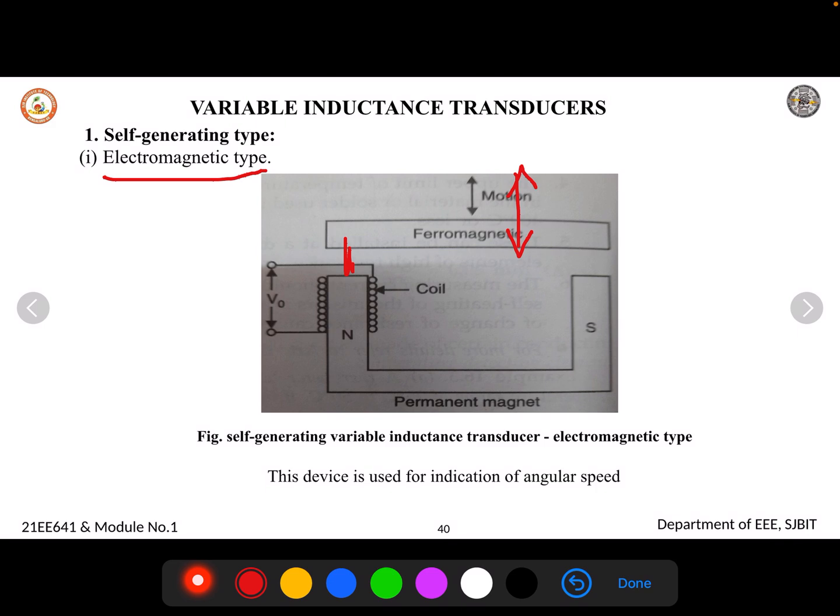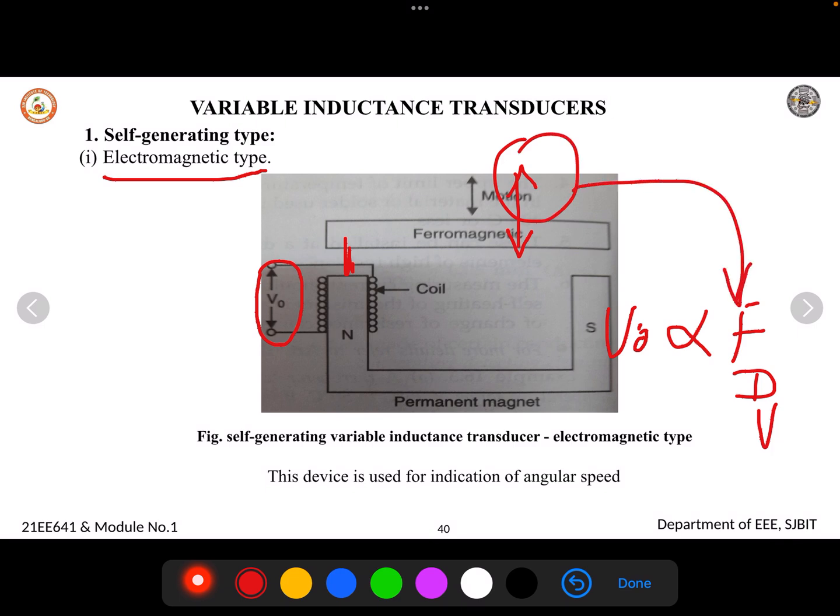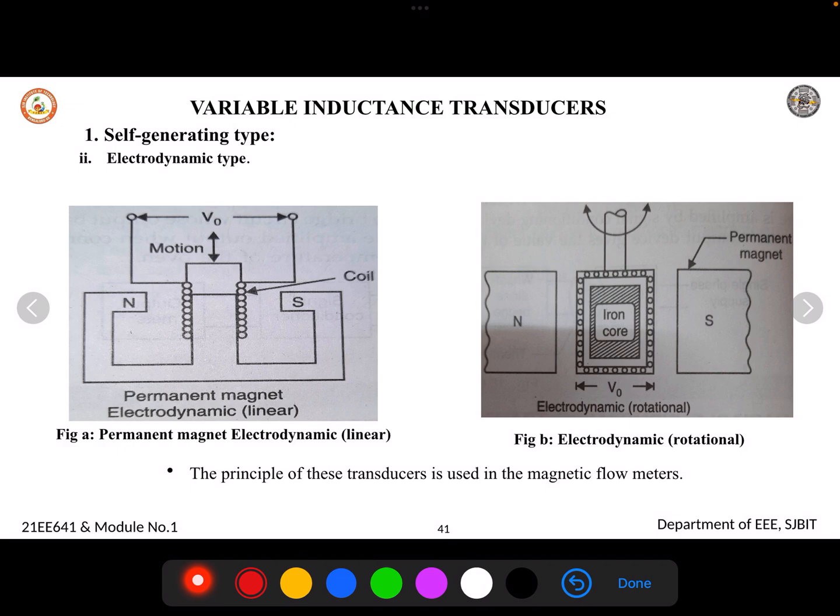Hence the output voltage V0 will be proportional to the mechanical input, which will be force or displacement or velocity, whatever input is given here. This is how the EMF will be generated and the output voltage will be measured. This is called the electromagnetic type.